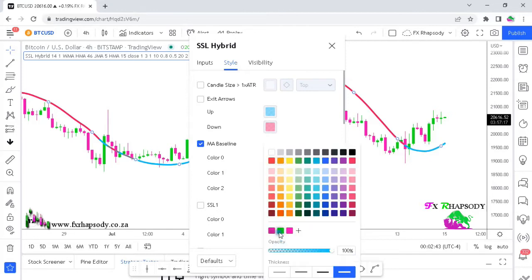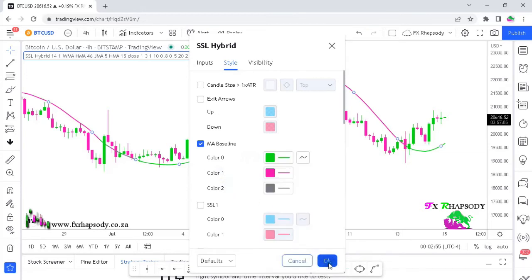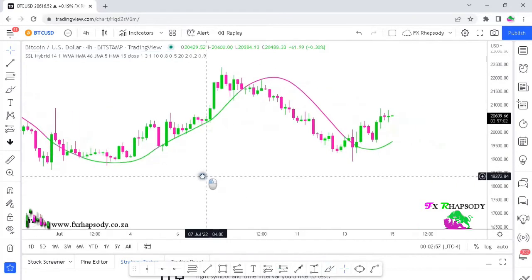I'm going to use the colors that I like: the green, that pink magenta color, and we're going to stay gray, and I'm making my lines thinner as well, as you can see. So that is the only thing we're going to be using for the SSL Hybrid. It's just the baseline.